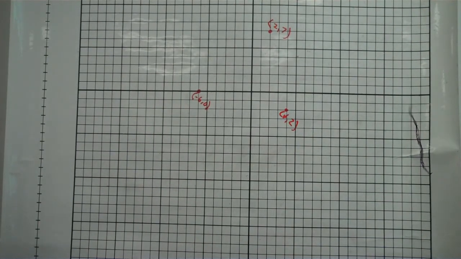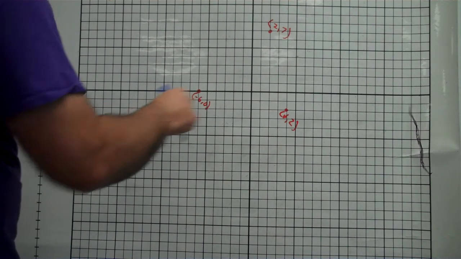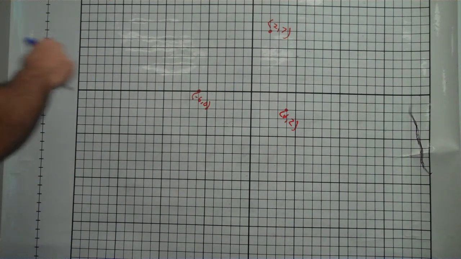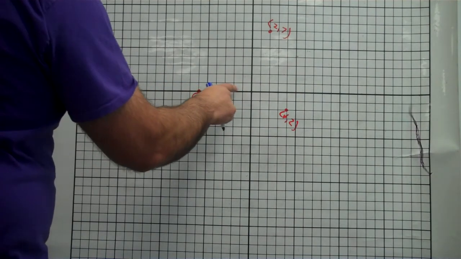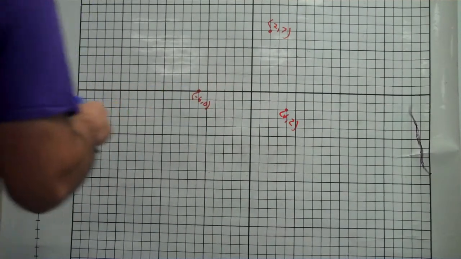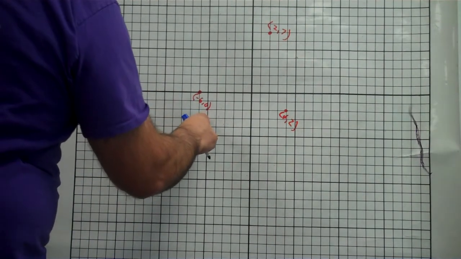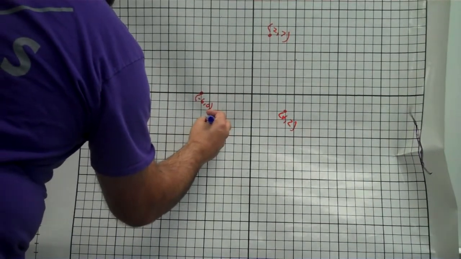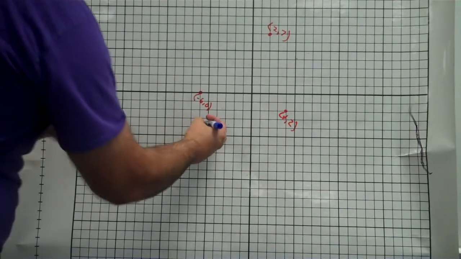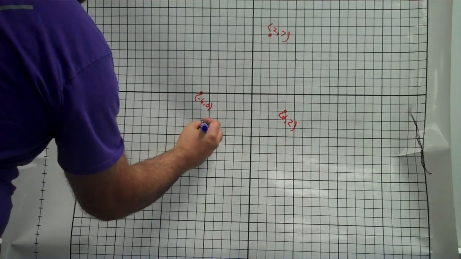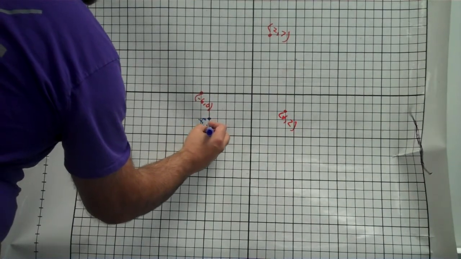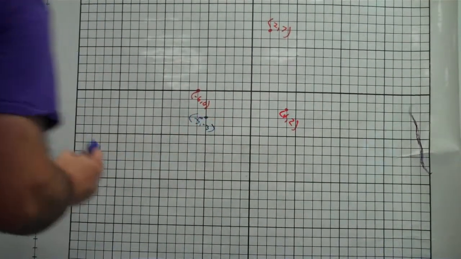So for determining what quadrant these points are in, my first point or coordinate that I have to plot is negative 5, negative 3. So I know I have to go to the left on the x-axis, 5, 1, 2, 3, 4, 5. And then I have to move down on the y-axis 3, 1, 2, 3. Just going to put that point right there, and that is negative 5, negative 3, and that's in the third quadrant.